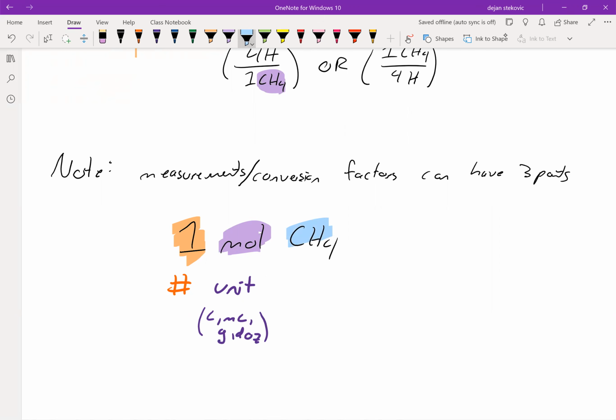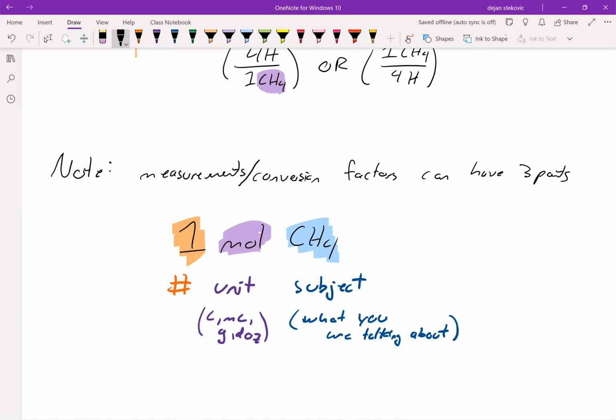And then the last, but definitely not least, is what I would call the subject. So that's what you're talking about. In this case, it's CH4, but it can be whatever you're talking about. So it's the subject. Are you measuring out some amount of water?